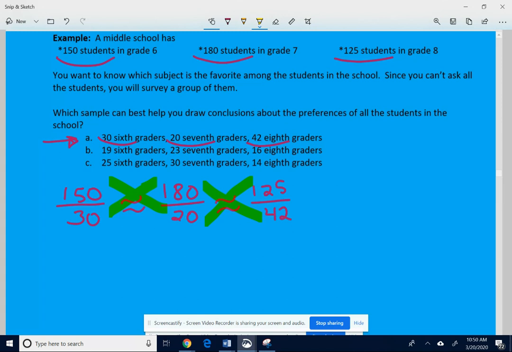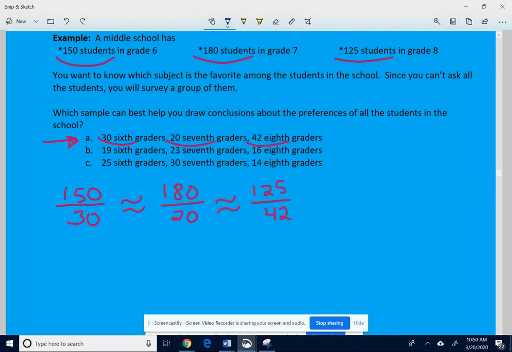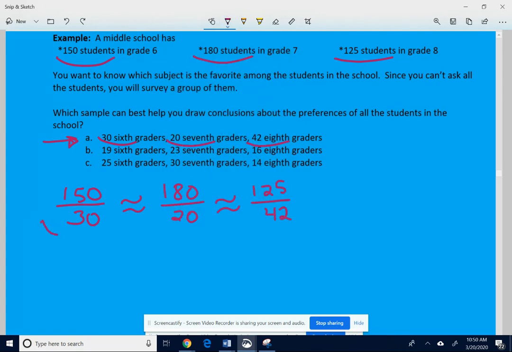Okay, let's not do it that way. It works. But I'm going to assume you would have a calculator on a problem like this. If you have a calculator, the easier way to do it would be to change these fractions to decimals, just take the numerator, the top, divided by the denominator, the bottom.